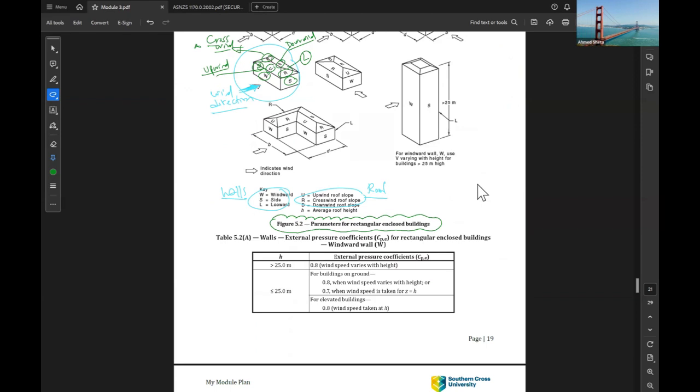So the first step is the walls external pressure coefficient CBE for rectangular enclosed buildings, windward. So table 5.2a is for windward walls. If the height of the building is more than 25 meters, the parameter CBE is 0.8.